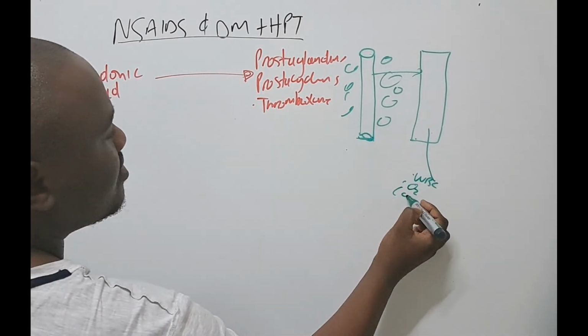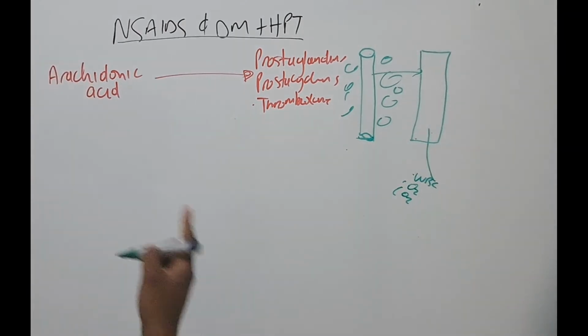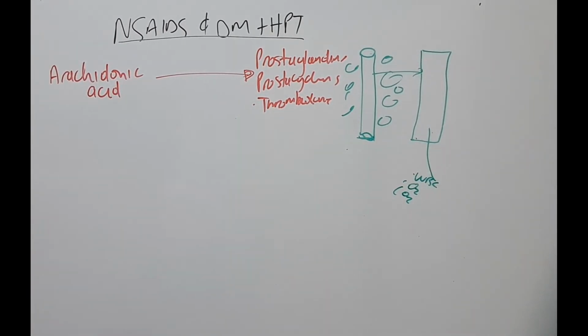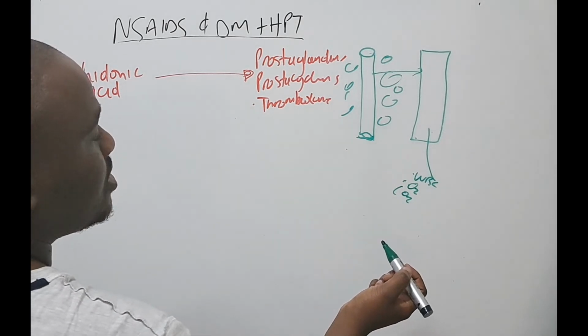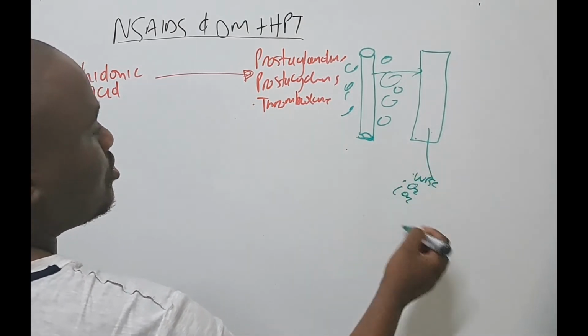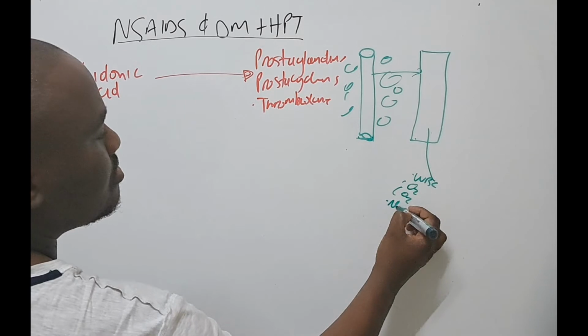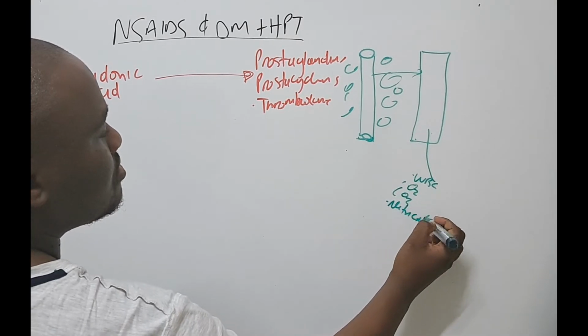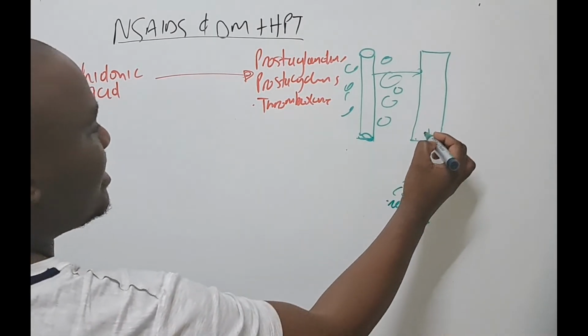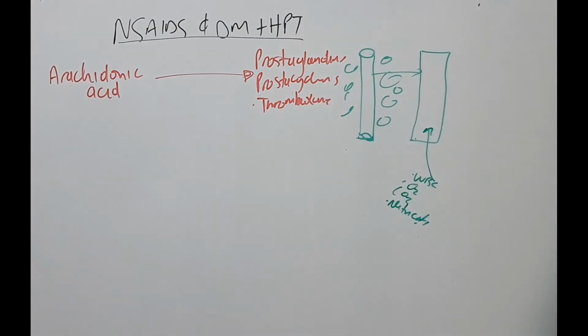There will be a lot of CO2 that needs to be taken away to the lungs, and you will need nutrients. So there are a lot of things needed in that area.